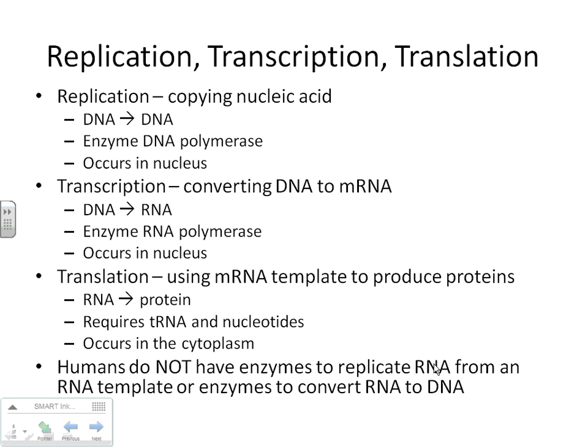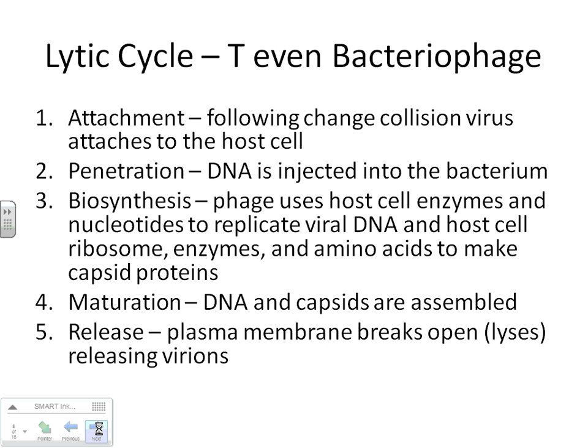So anytime you see the top three things going on, you have to automatically understand that's something a human can do, so the virus is using what the human has. Anytime you see RNA going to RNA or RNA going to DNA, that's something humans can't do, so the virus must be using his own stuff to do that. That's clear, right? Okay, because some of you aren't going to like this once we get started.